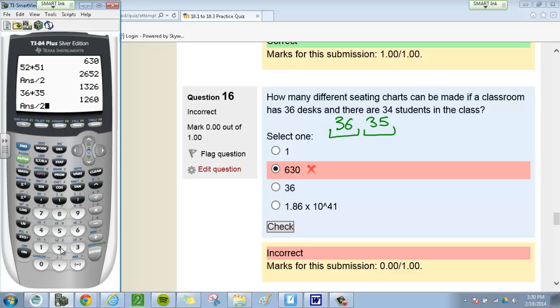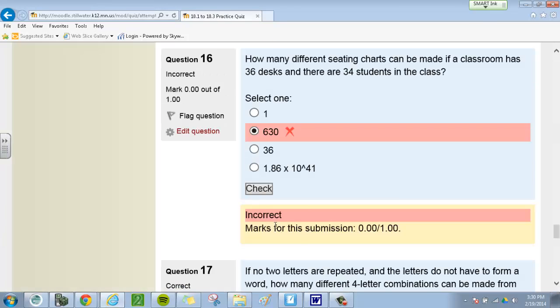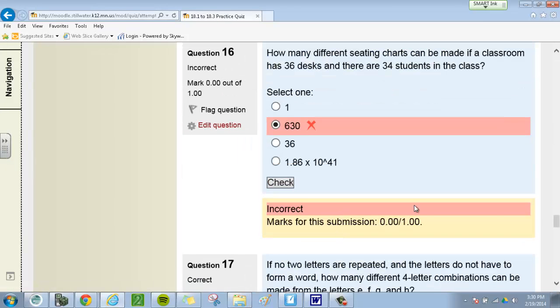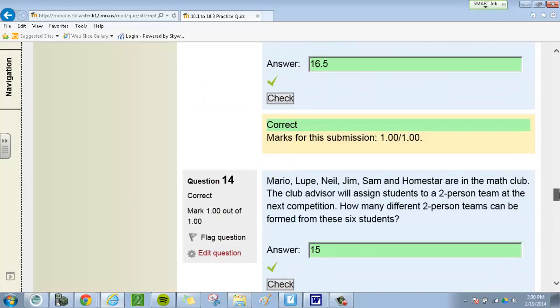There's 2 ways to arrange it. Divided by 2. Boom. 630. What is going on? Check that. Figure this out.